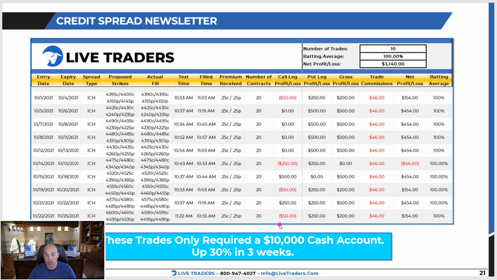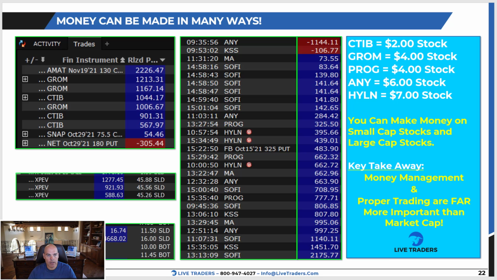Did 10 contracts, you only need $5,000 now. Cut it in half, but a $5,000 account would have made you $1,600. And this is in 3 weeks. This is using options, using spreads. These are alternatives to not needing $25,000.